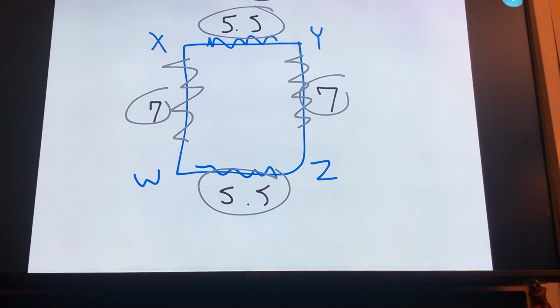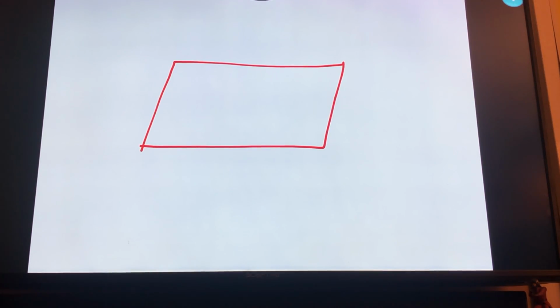Now let's go ahead and look at number 7. It says we're trying to find the measure of the angle. Let me write it down. So I told you, if you know this is 60 and this is 120, what do you have to subtract them from to find the other angles? Well, the whole line equals 180.